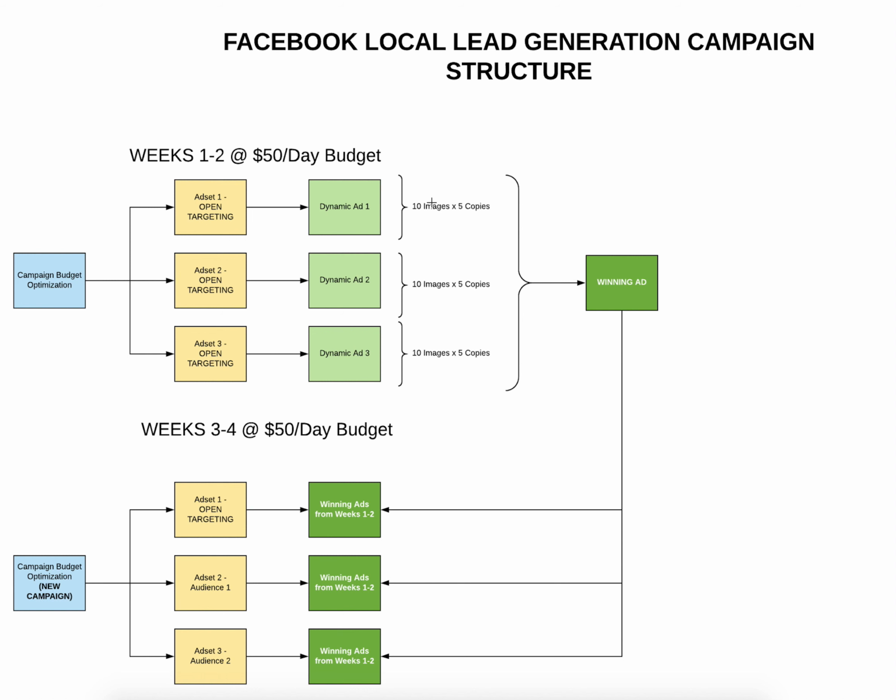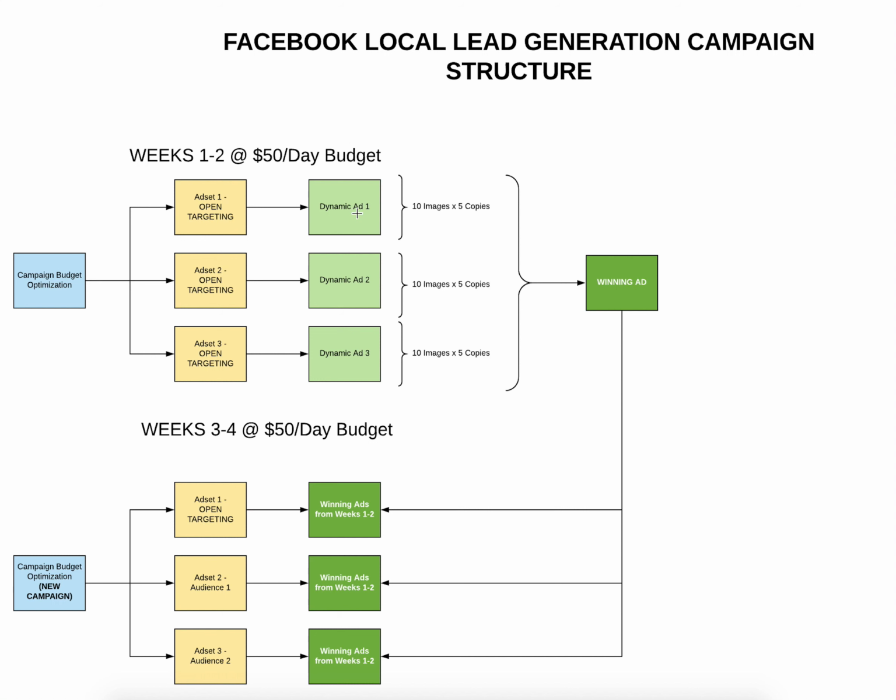I'm looking strictly at the images. So I want to have anywhere from 2 to 5 copies, all of them the same across all of these dynamic ads. These are going to be the same targeting. Everything in here is the same targeting, same copy. The difference is the images.